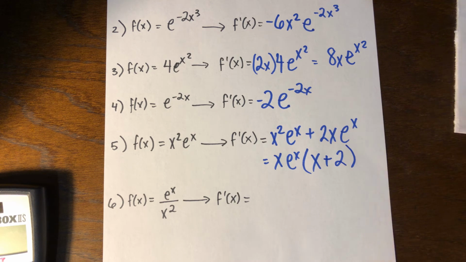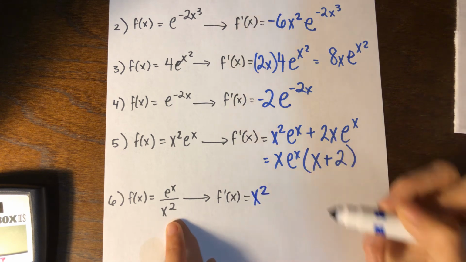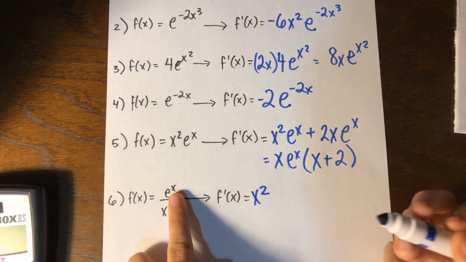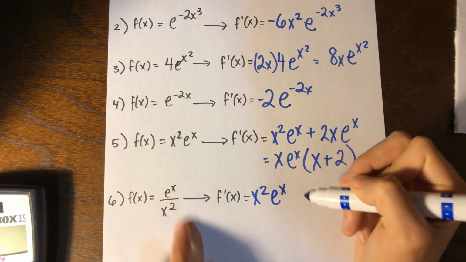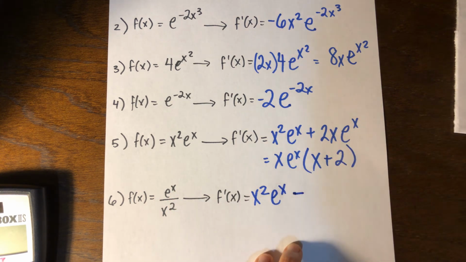The next one, I have e to the x power divided by x squared. This one's a little bit trickier, so just do your best to follow along, okay? Just like the product rule, we're going to keep the x squared at first, multiply it by the derivative of the top, which again is just e to the x. With the quotient rule, you're going to be subtracting.